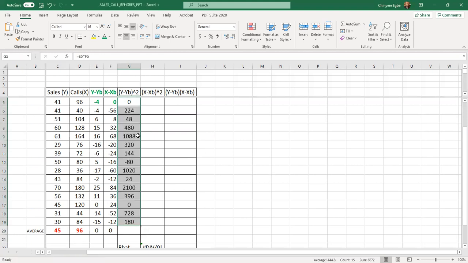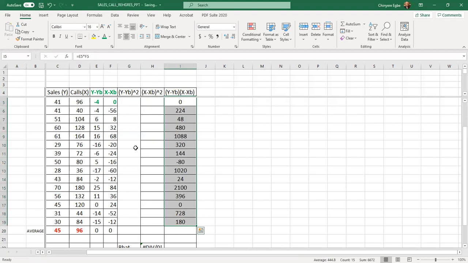So you multiply those two columns, and then you take E and you take F individually, and you square them. That is to say, you square E5, you square E6, you square E7.